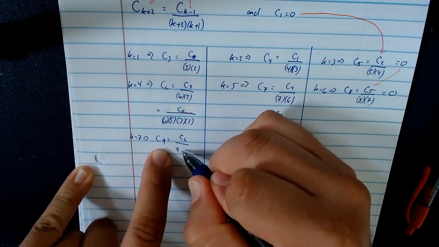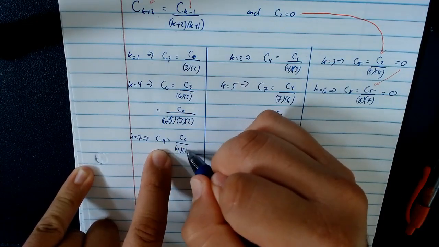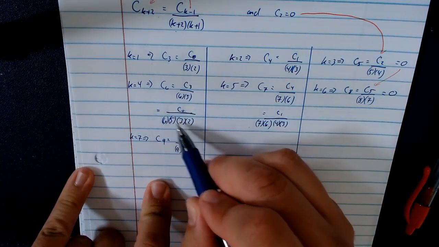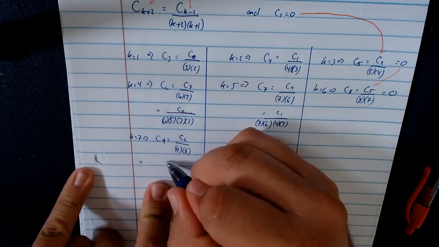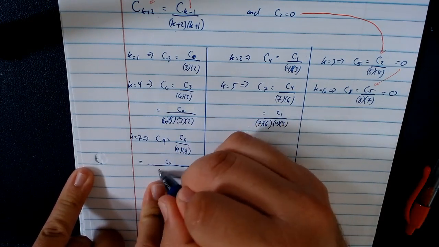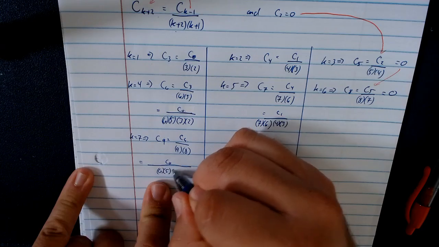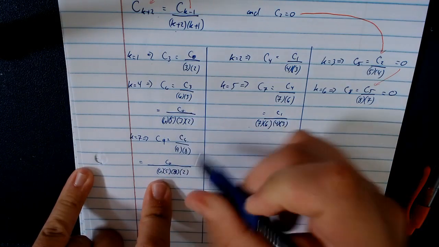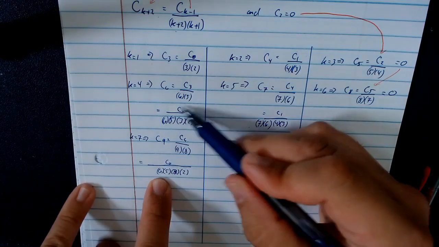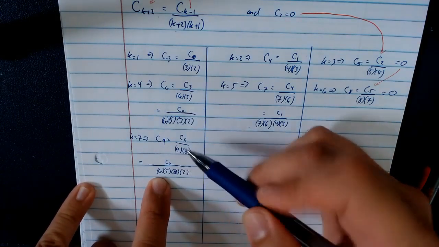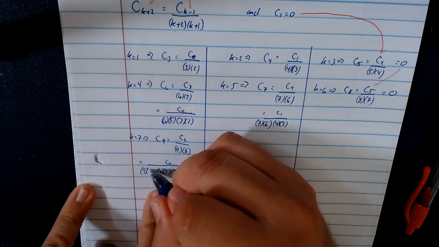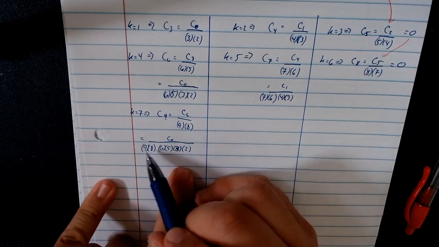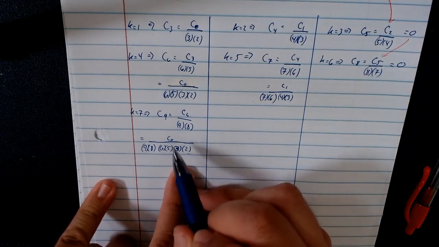But C6 is itself C0 over 6, 5, 3, 2. Now that C6 is being further divided by 9 and 8, so 9 times 8 times 6 times 5 times 3 times 2. Almost a factorial, but it's missing every third one.